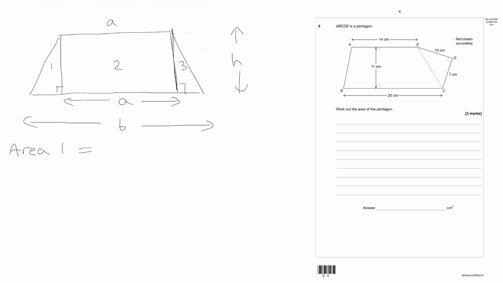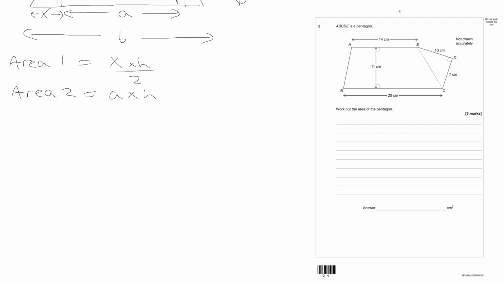So area 1 is going to be given by, and sorry, this is X, so X is here. So area 1 is going to be given by X times H over 2. Area 2 is just a rectangle, so this is going to be A times H.